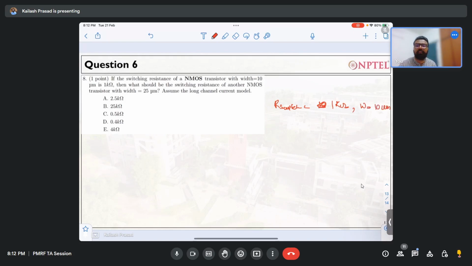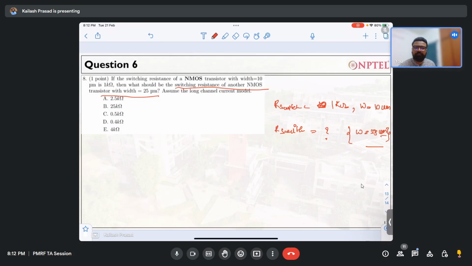This is the given thing. Then what is the switching resistance for another NMOS whose width is 25 micrometer? I have to find out R switching for W is equal to 25 micrometer.